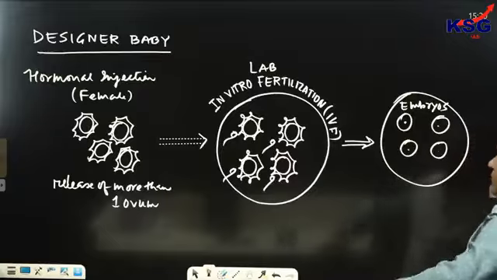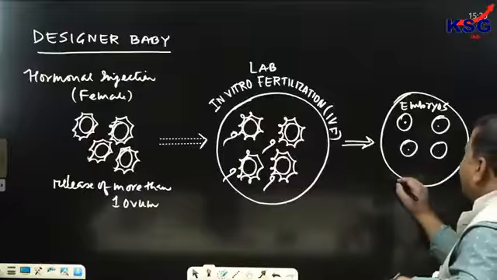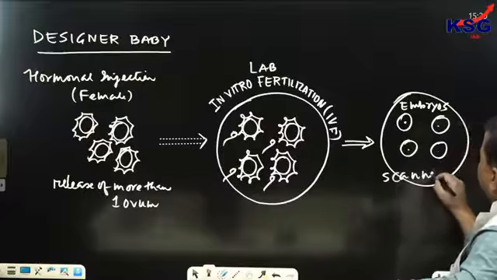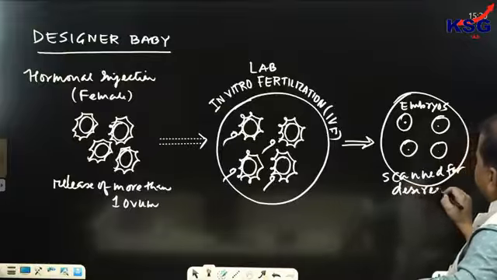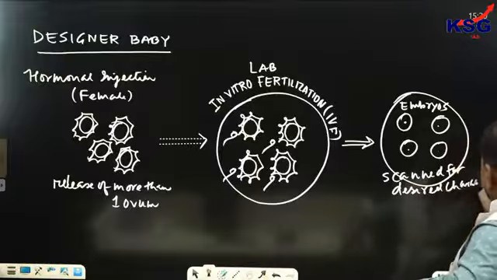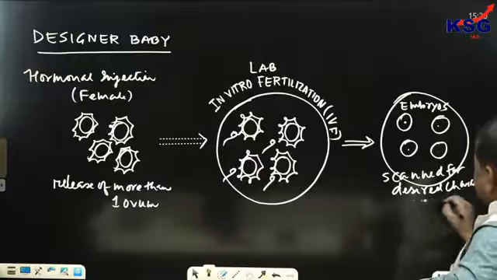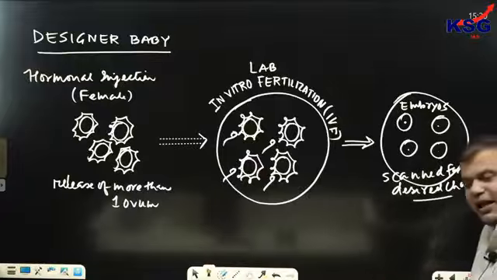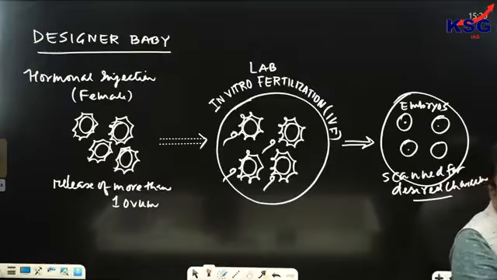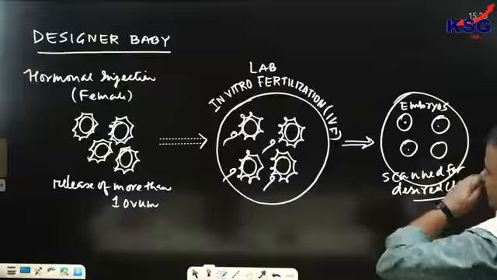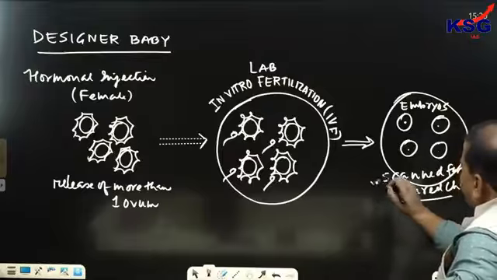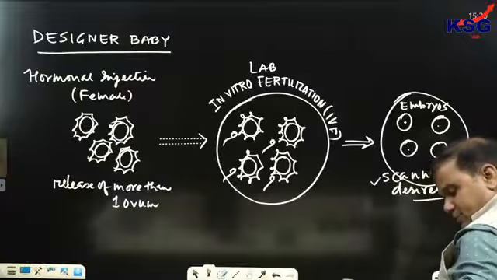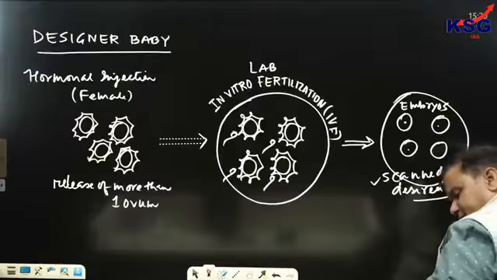Now, these embryos would be scanned for the desired characteristic which the parents wish, that whether the genetic material in these embryos is such that the desired characteristic, the aspiration of parents, can be met. Clear? Whether it is possible or not. So scan for desired traits or desired characteristic. Fine, that would be done.